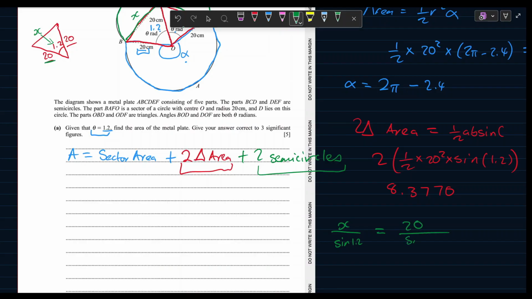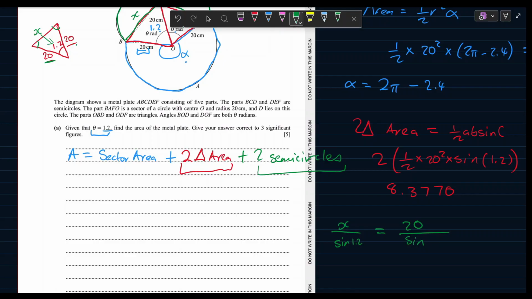over sine of. Now notice that because these sides are equal, it means that the triangle that we have is an isosceles triangle. So it means that our base angles here are going to be equal. And we know that the angles inside of a triangle should add up to 180.